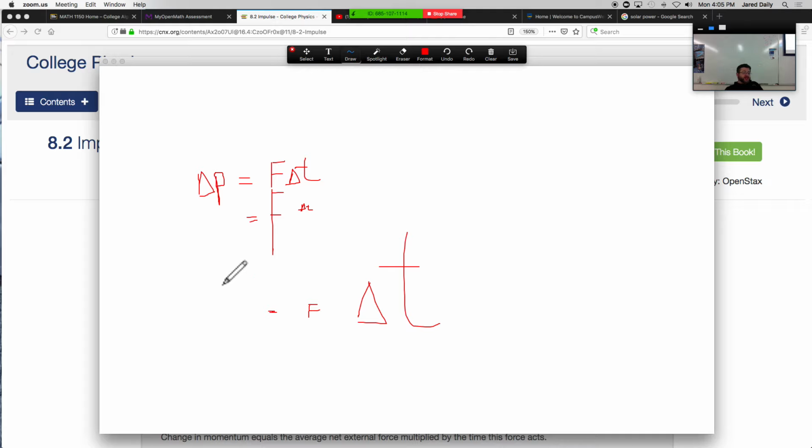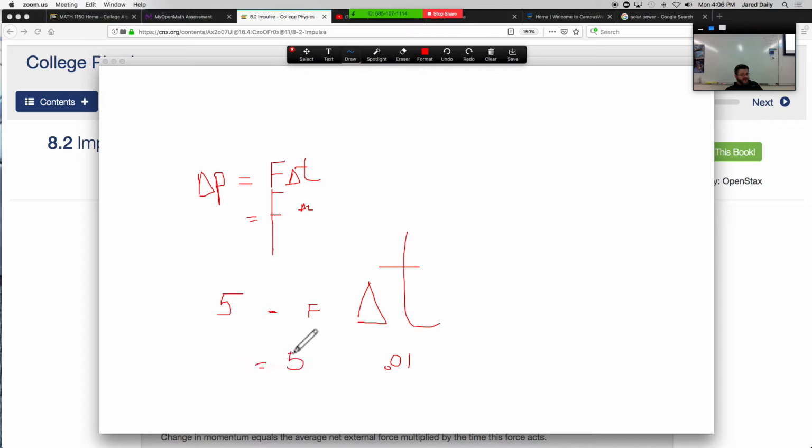So this change in P here could be 5, for example. Let's say the change in time, you allow this person to hit you, and it happens in about 0.01 seconds, right? So what do you have to multiply 0.01 by to get 5?